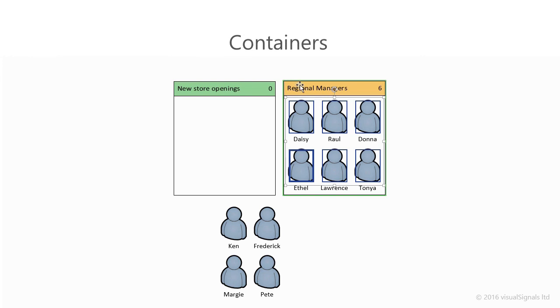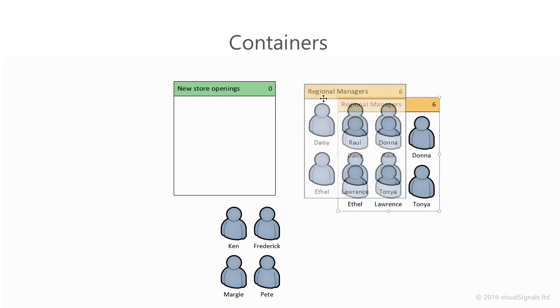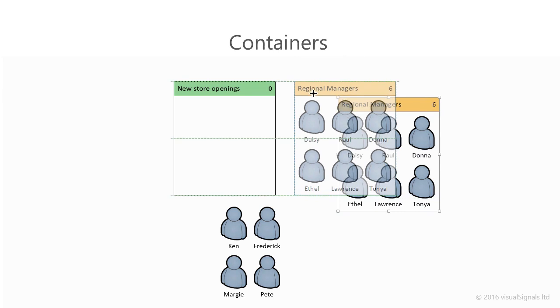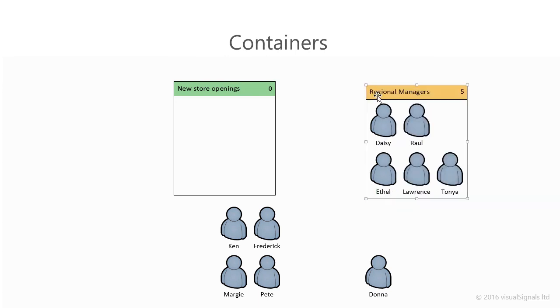Now that they've been added, I can move the container and the member shapes follow along as you'd expect. But the important thing to understand is that the structure of the shapes hasn't changed, and I can still select a single employee, move her out of the container, and the remaining member shapes are left untouched.